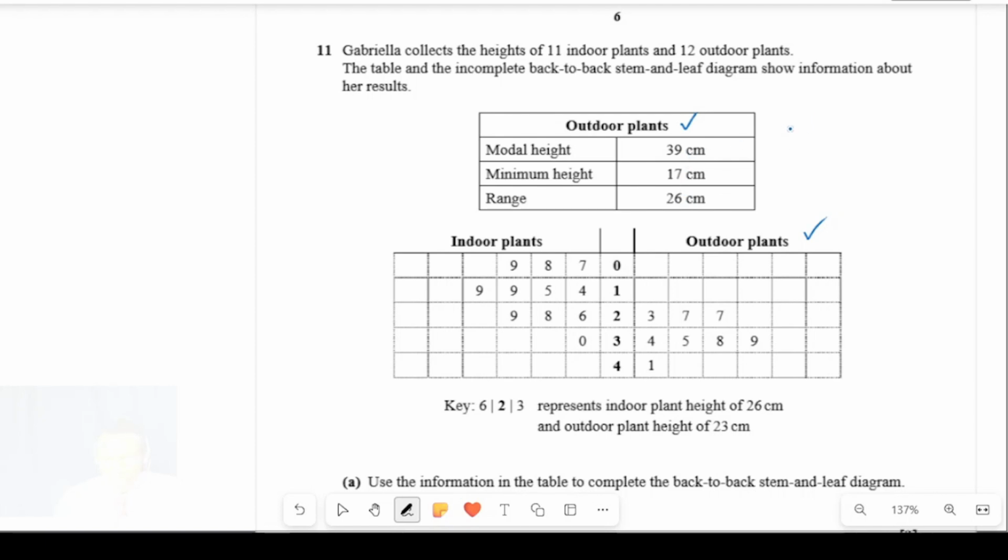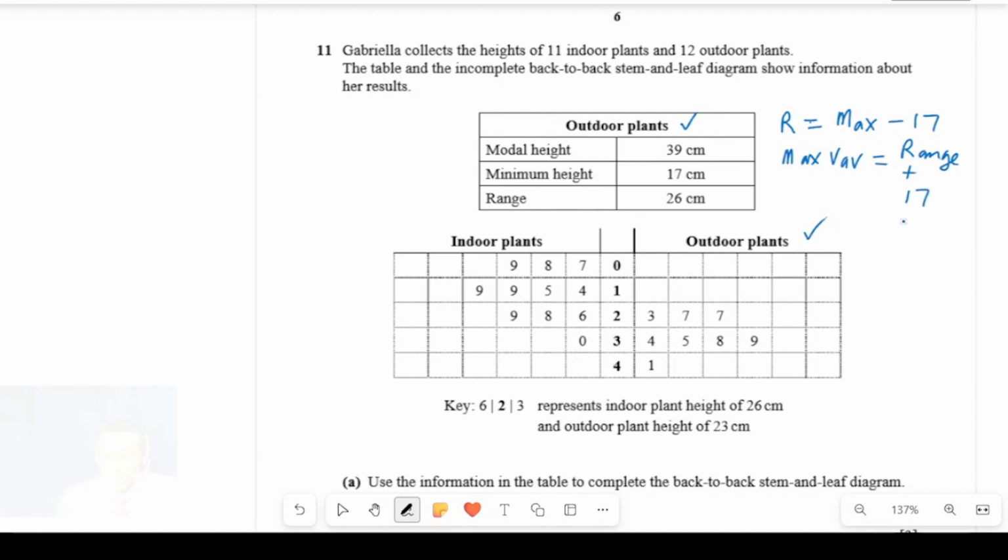So we have range is equal to maximum height, the max value, take away the minimum value, which is 17. So we have the maximum value is equal to range plus minimum value.